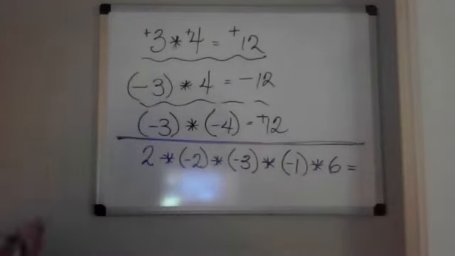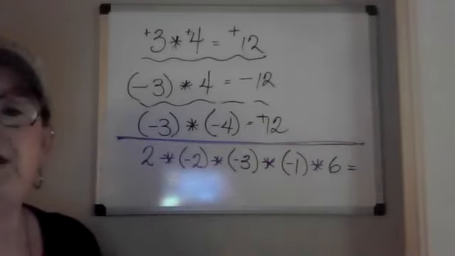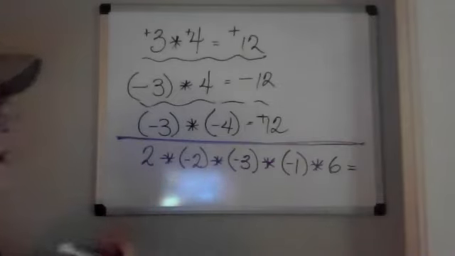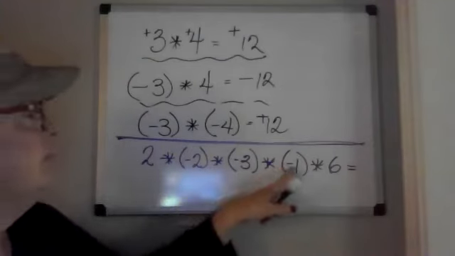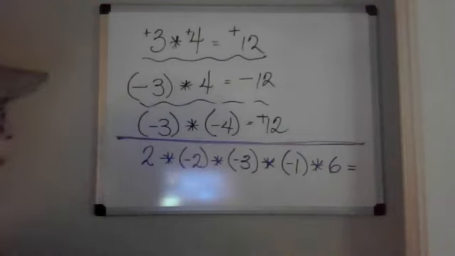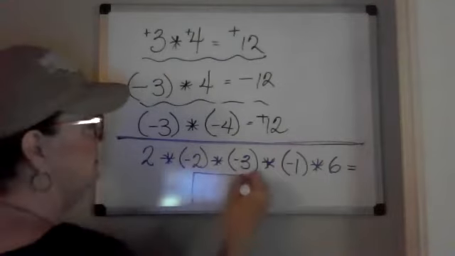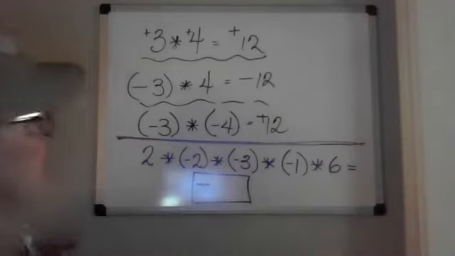Okay? Now, before you multiply, don't multiply anything. I want you to count the number of negatives. There's 1, 2, 3 negatives. 3 is odd. That means my answer is going to be negative before I even multiply.